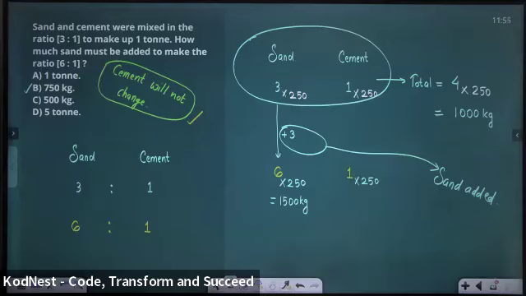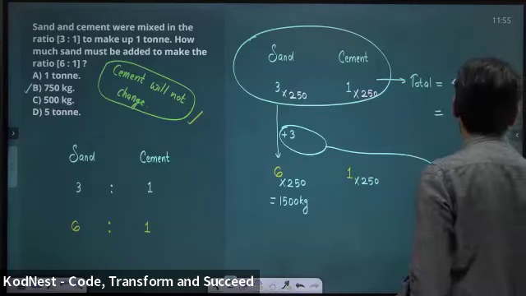Why you will make sand same, Mrityunjay? All right.